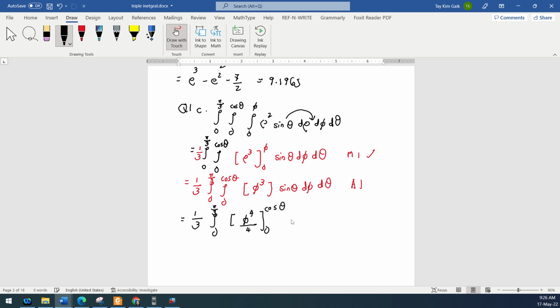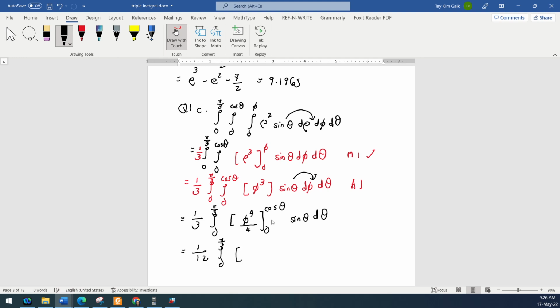This is sin theta, still follow the theta. Cos sin theta, you may factor outside the phi. So you integrate phi power 3, phi power 4 divide by 4. So 1 over 3 divide 4. So total is 1 over 12. Okay.